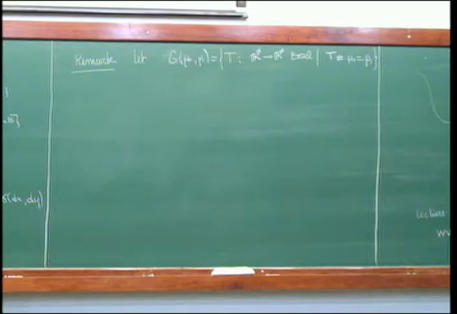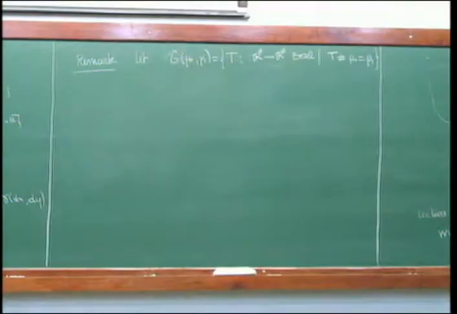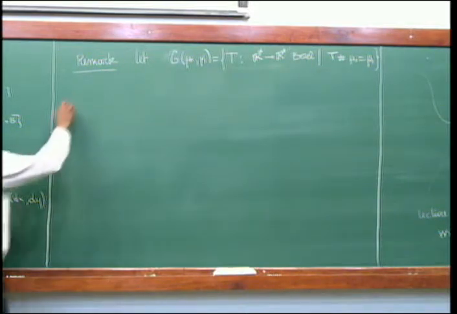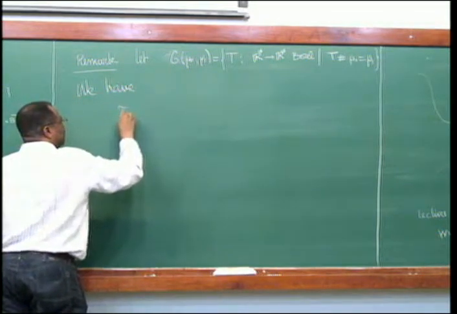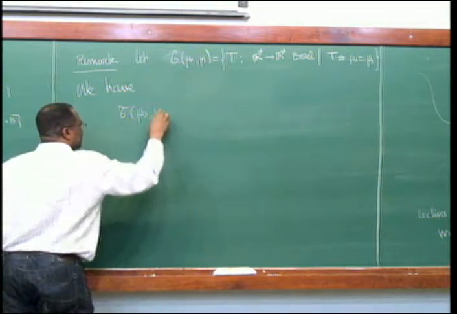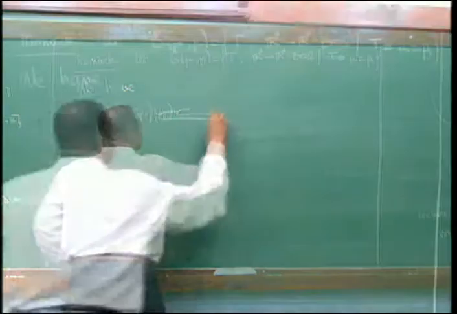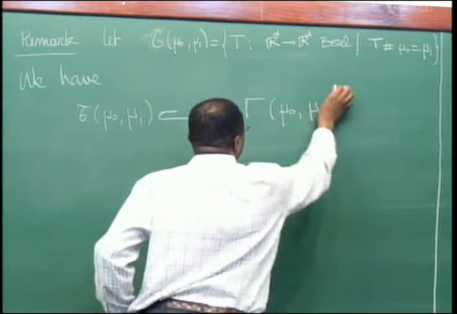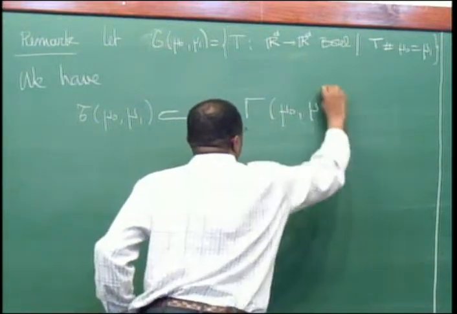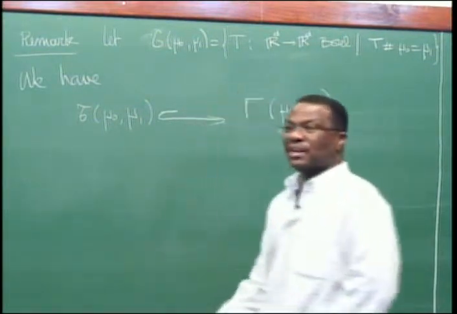The Monge problem consists in minimizing a cost function over that set. I claim that this set is a subset of the set of gamma which has mu naught and mu 1 as its marginals.